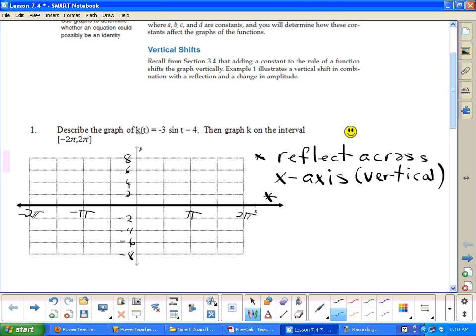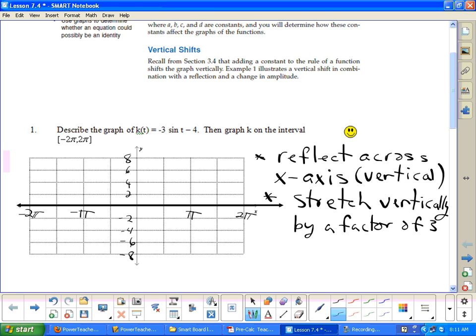And we're going to stretch it vertically by a factor of 3. And then we're going to move it down 4.